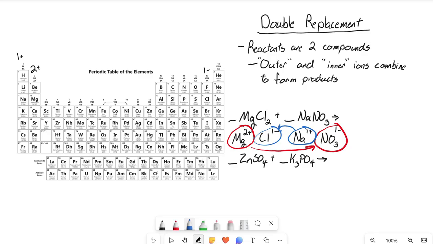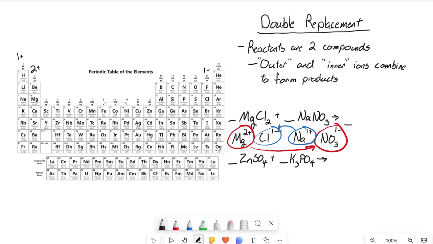Now, even though chlorine is written first here in my list of ions, it is important to remember that anytime we write a compound or a formula, it's always the positive ion that's written first. So by writing out the ions with their charges, it makes the product predicting and formula writing a little bit easier. One of my products is going to be the combination of magnesium and nitrate.